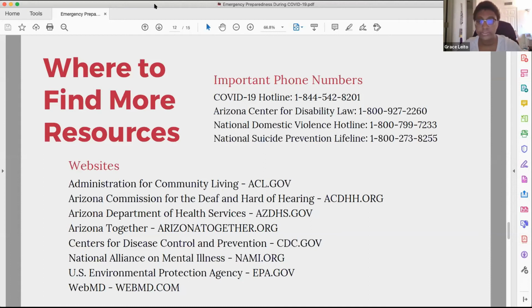This is a great website to go on to just to get more information about COVID-19, such as proper precautions you should have for limiting the spread of COVID-19 and stopping yourself and your family members from getting infected. Just general information about the virus.